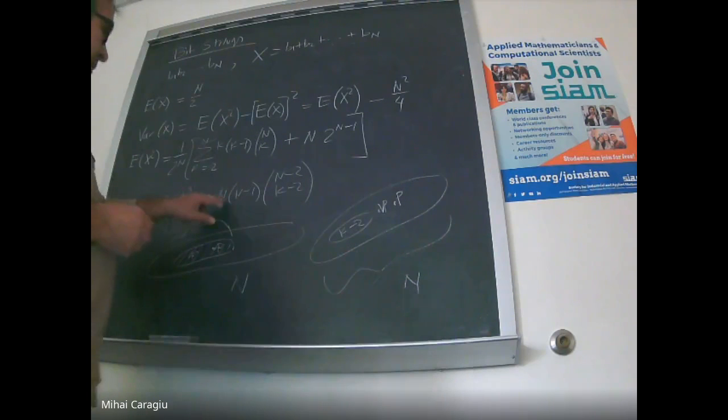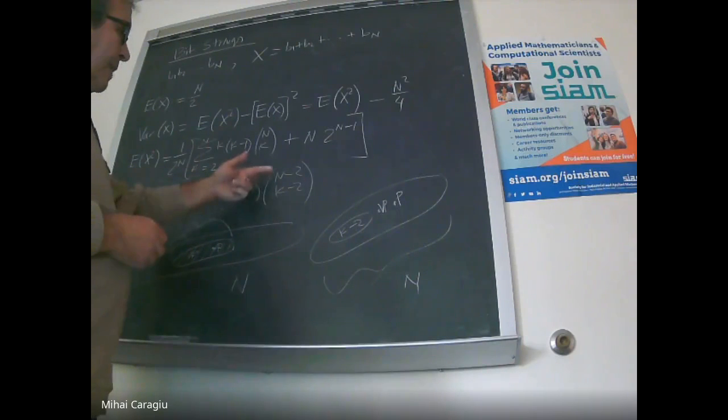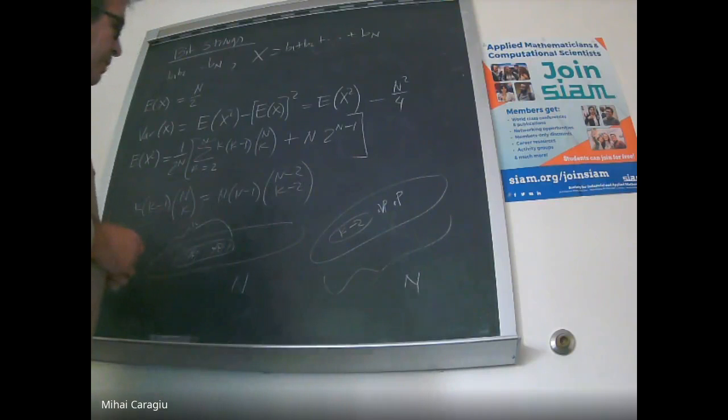So, selecting a president followed by a vice president can be done in n times n minus 1 ways. After we select the P and the VP, the remaining k minus 2 members will be selected out of the remaining n minus 2 members in n minus 2 choose k minus 2 ways.